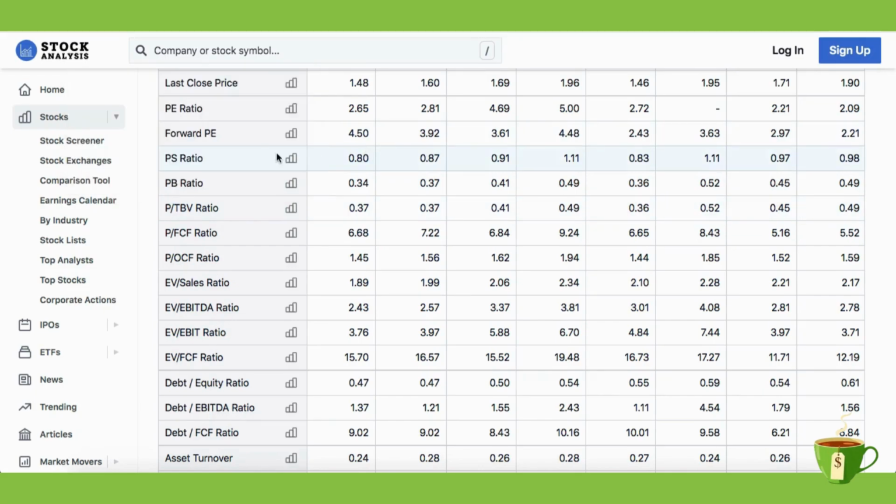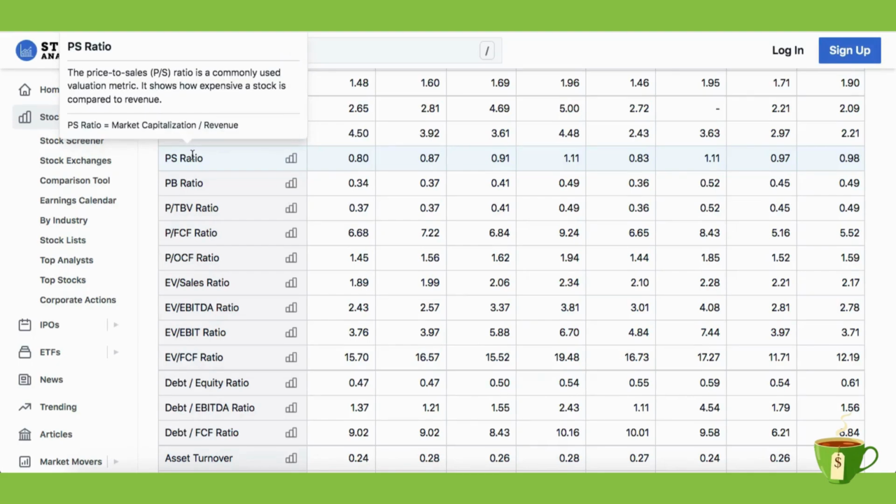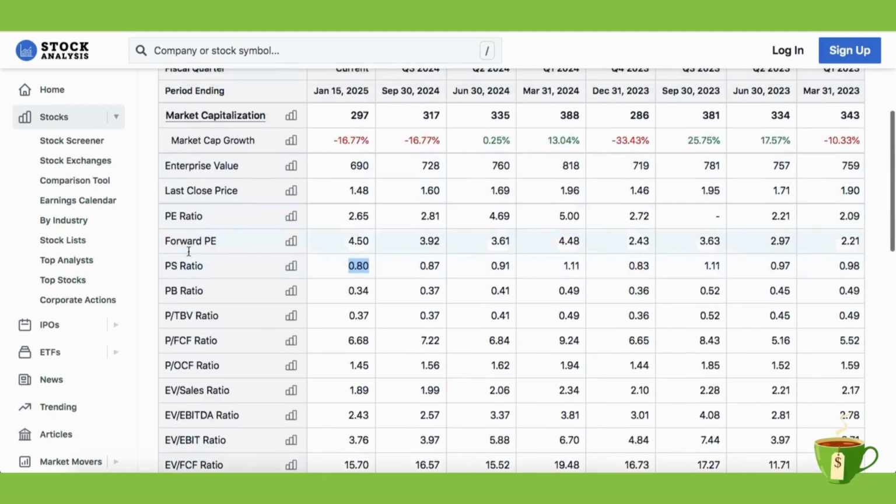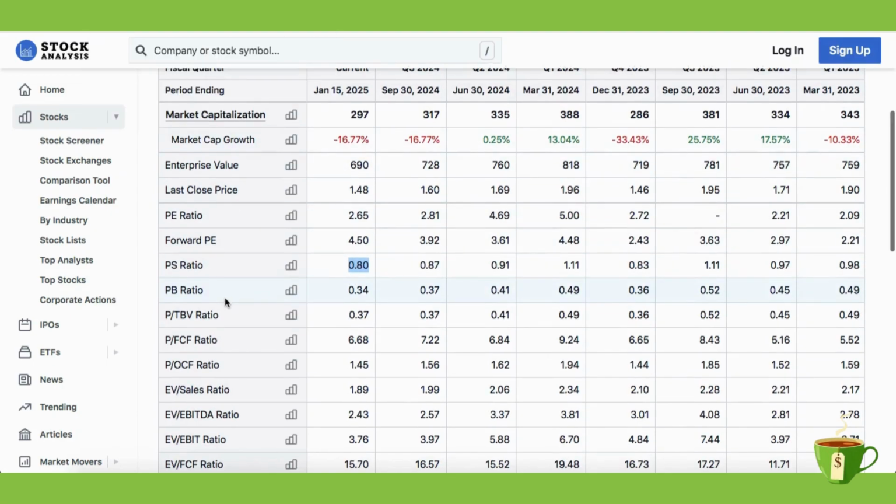Price to sales, which I really like. So it's showing how expensive this stock is compared to the money it's bringing in through sales. It can't be manipulated, which is why I like it. Objectively, this company is selling more than what it's priced at. So I really like to see that.